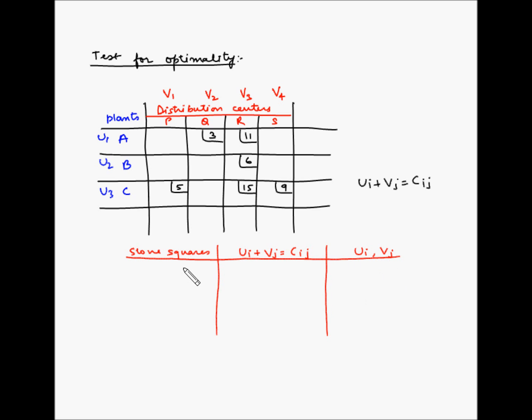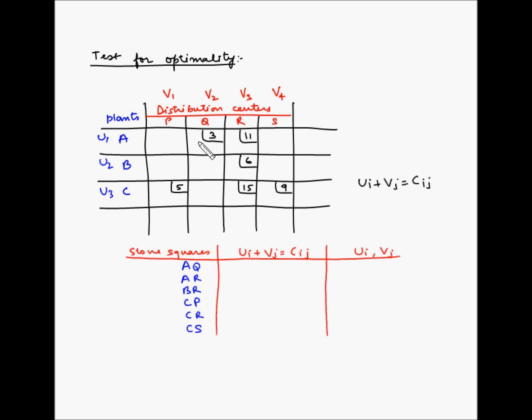So the stone squares in our case are AQ, AR, BR, CP, CR, and CS.